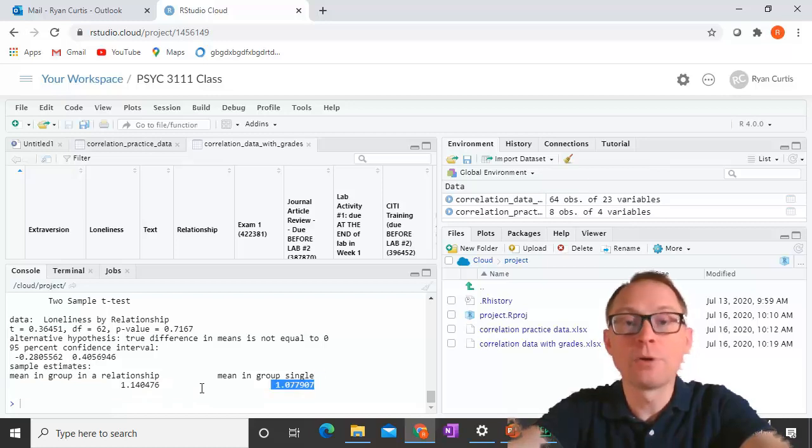So actually, people who are in a relationship are saying that they're lonelier in the mean. However, the probability of getting that when the null hypothesis is true is about 72%. So again, we're going to fail to reject the null hypothesis. None of these hypotheses that we came up with have been supported. The null hypothesis we have to fail to reject every time.